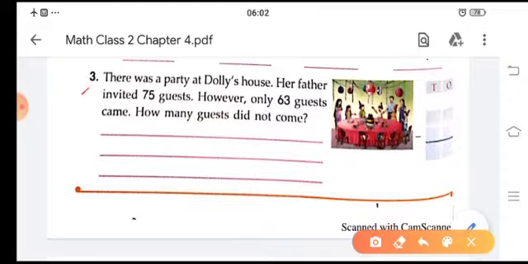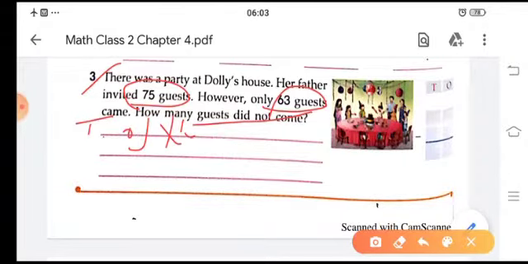So here, the father of Dolly invited 75 guests to Dolly's house. And only 63 guests arrived. So how many guests did not come to the party? We'll do subtraction over here to get the exact number of guests who did not come to the party. So, total number of guests.